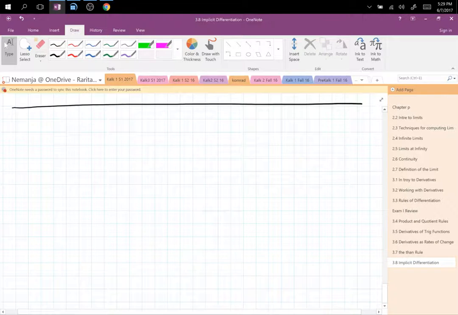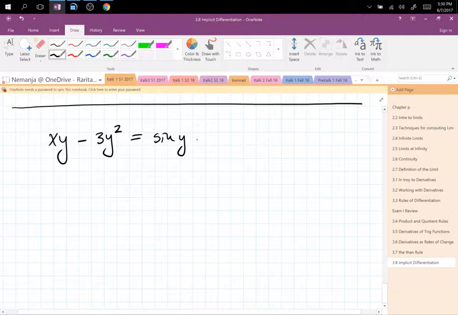All right, let's take a look at spicier examples. How about xy minus 3y squared is equal to sine y plus 9x.